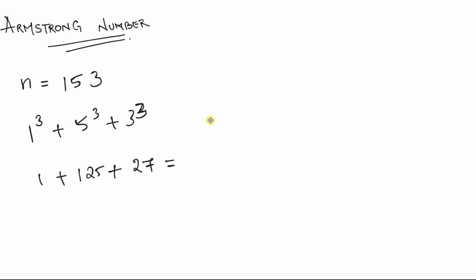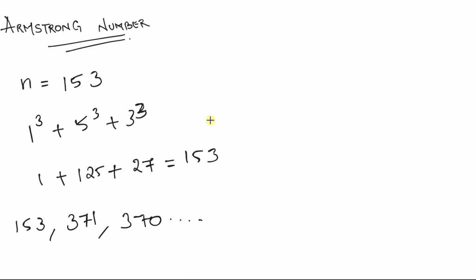When we add these, it is 153. When we take the cube of its digits and add those cube values, we get the same number itself. This is what we call an Armstrong number. 153 is an Armstrong number, 371 is an Armstrong number, 370 is an Armstrong number, and it goes on like that.